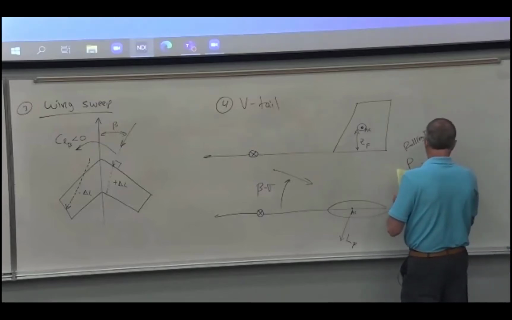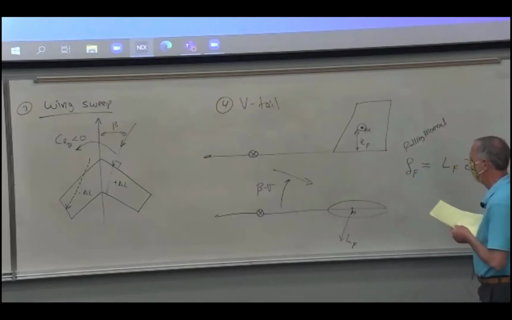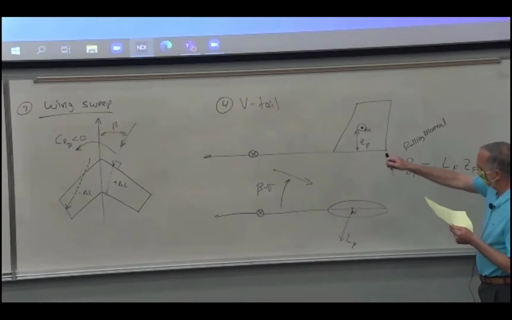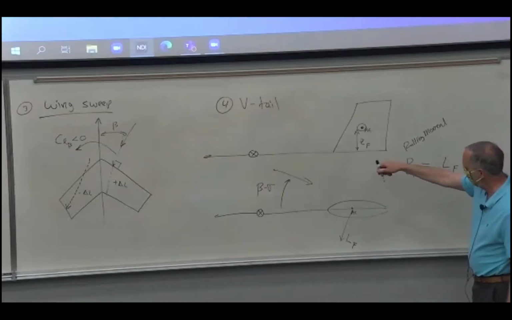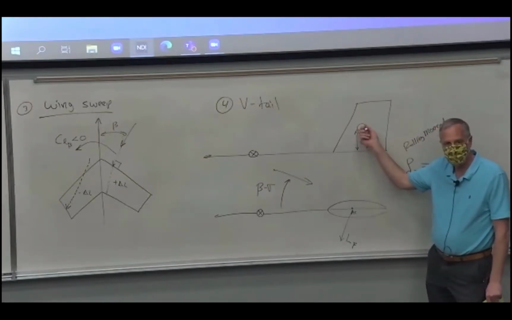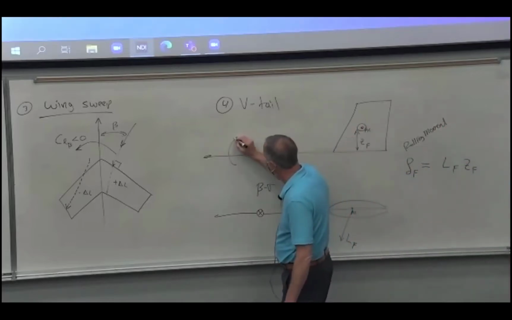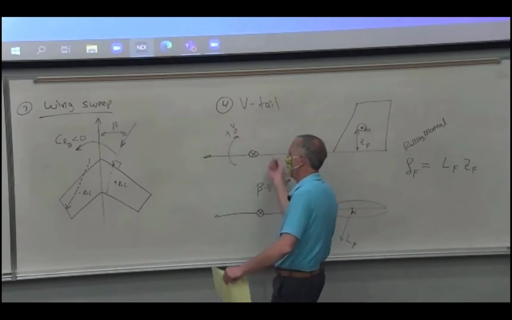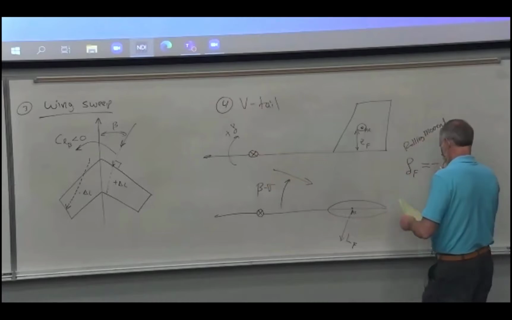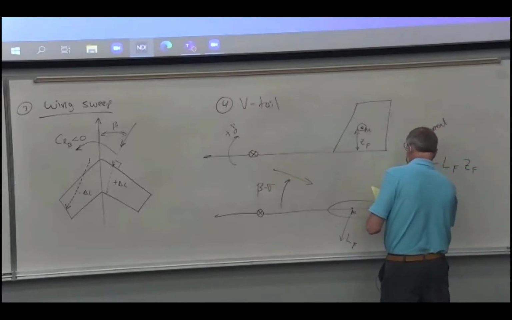So it's going to be the lift of the fin times Z sub F. And we look at our picture, and the way we've drawn it, with that angle of attack being beta minus sigma, it's going to push that way. The vertical tail is above, so it's going to roll it negative, right? Positive roll is this way, and we're going the other way. And so we build up the lift of the fin aerodynamically.